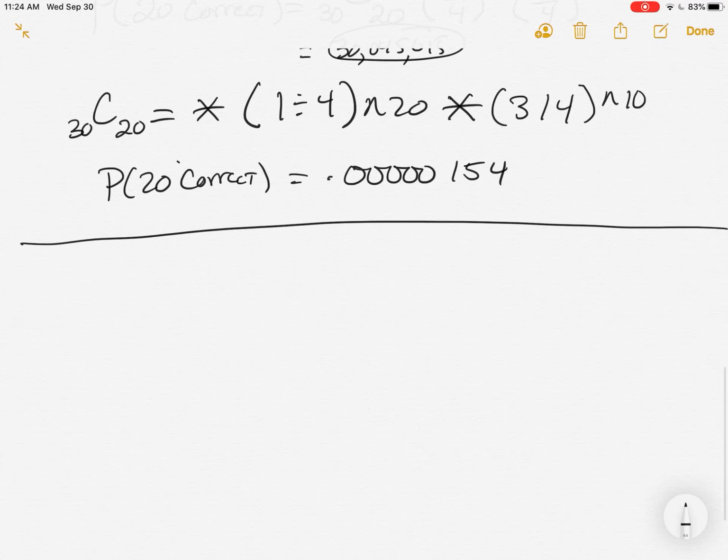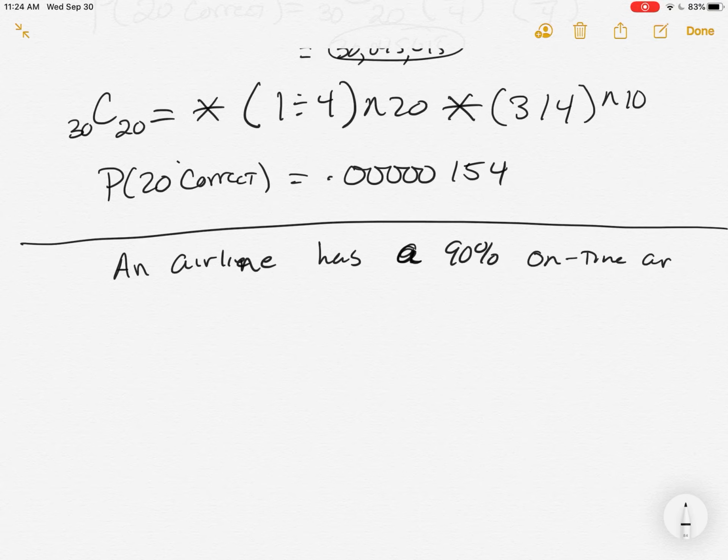So that's what we're looking at. Take a look at something else. They might tell you this. An airline has a 90% on-time arrival rate.